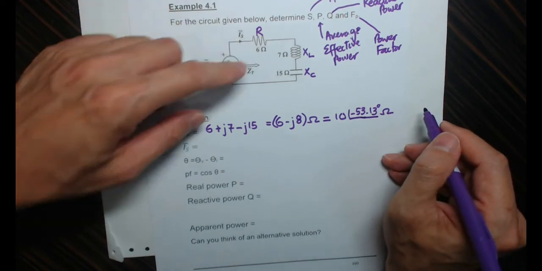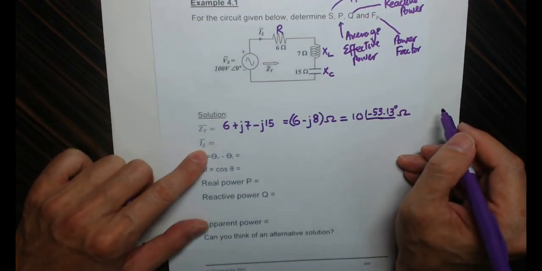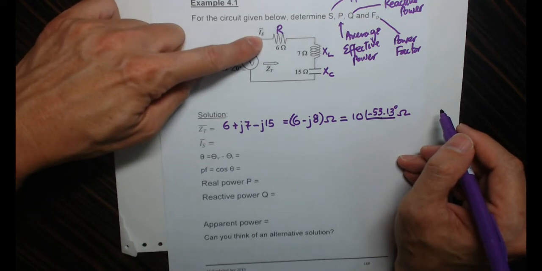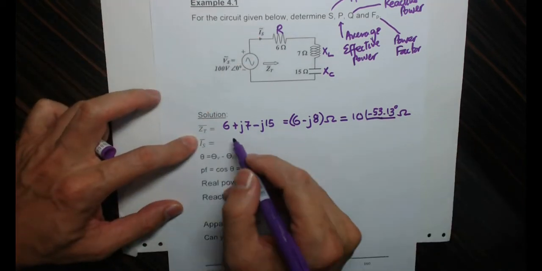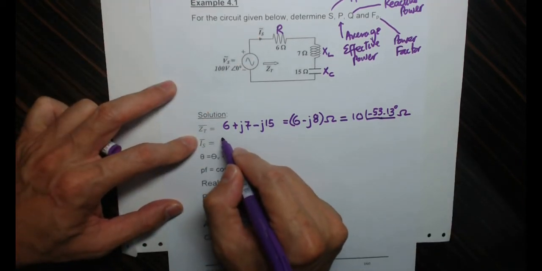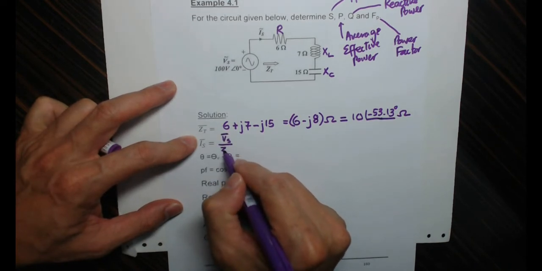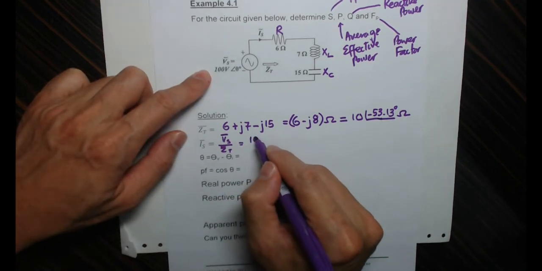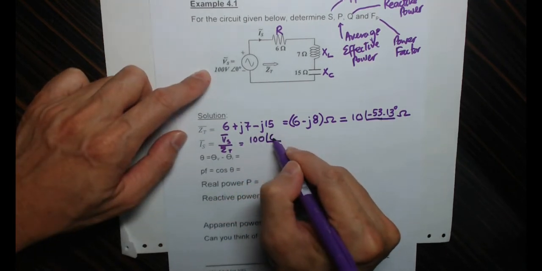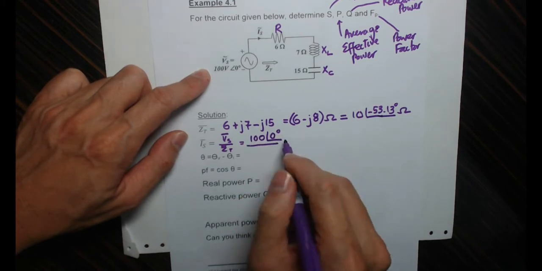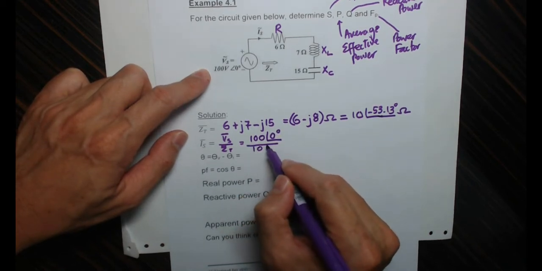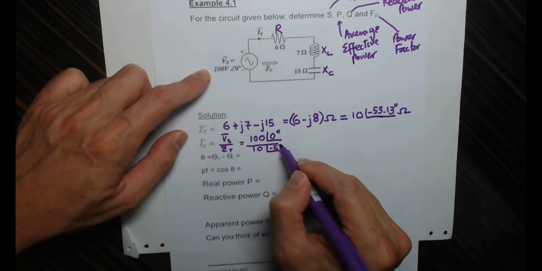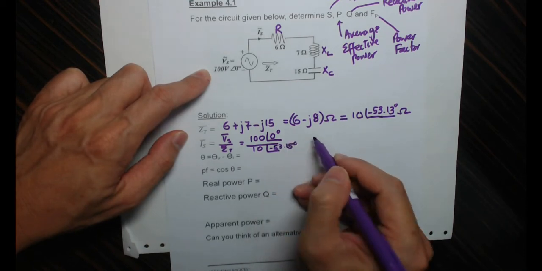ohms. Right? So we need to calculate the current that is flowing into this circuit. So current, given by Ohm's law, is Vs upon ZT. Vs is 100 volts at an angle of 0 degrees, divided by 10 at an angle of minus 53.13 degrees.